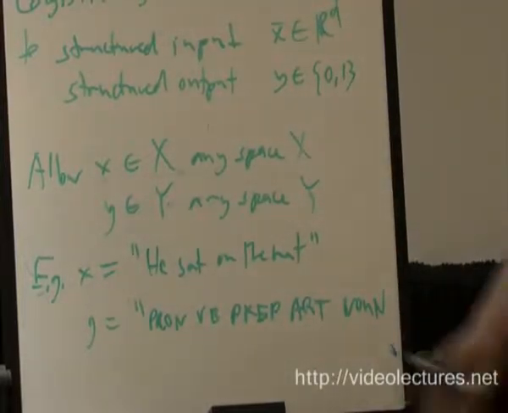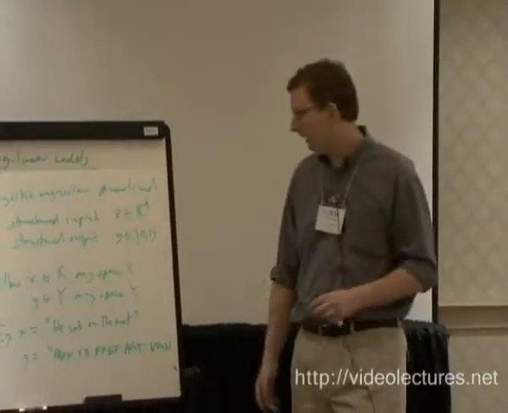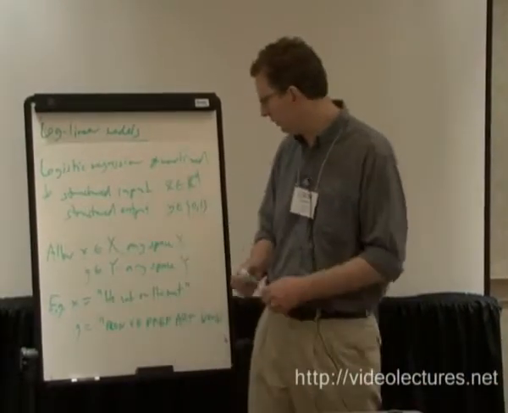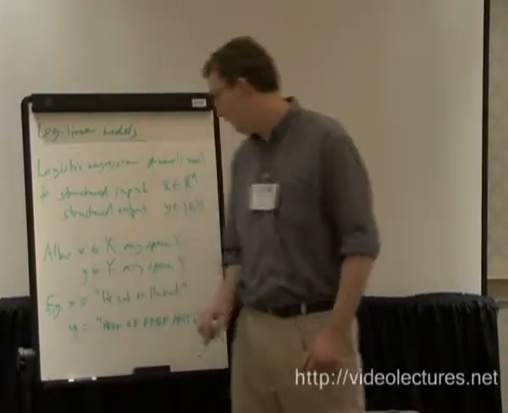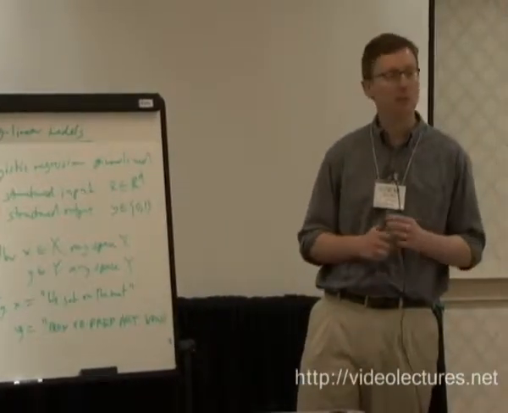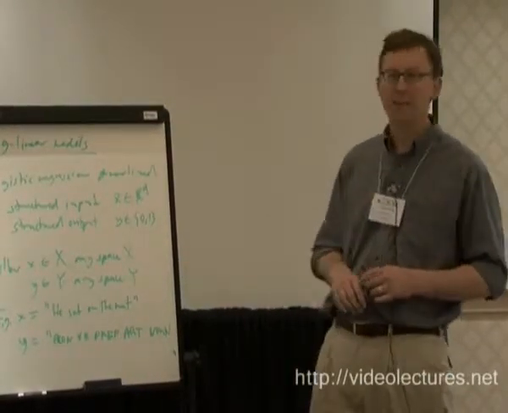So this is a supervised learning problem. This is a classifier learning problem where we have training data, which consists of pairs, and the x is an English sentence, and the y is a sequence of part of speech tags. And a part of speech tag is a label for the category of a word.